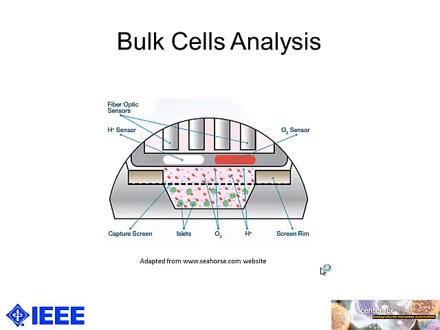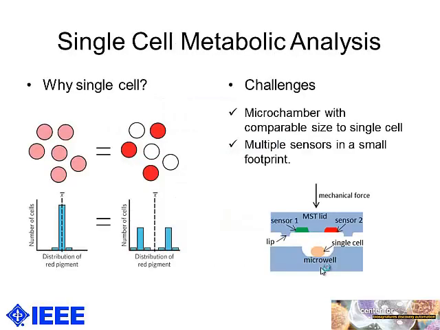So this requires us to fabricate a micro chamber which is suitable for loading the single cell. Another issue is we cannot deposit the multiple sensors on a flat surface because the sensor solutions might mix with each other and affect the final result.